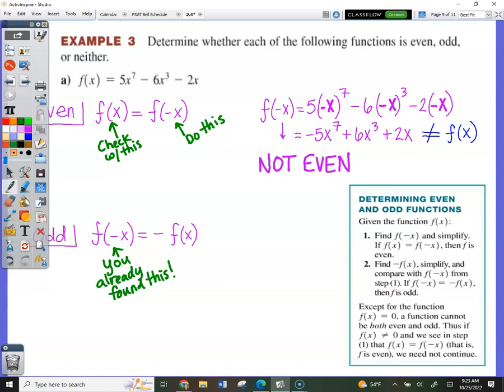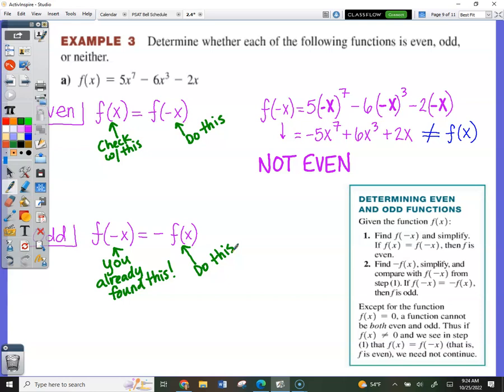So all you need to do is to find this. So just like we did up here, do this. You're doing the latter part of the rule, and you're checking it with the first part of the rule. Well, you already found the first part. It was up here. So we just need to find this.